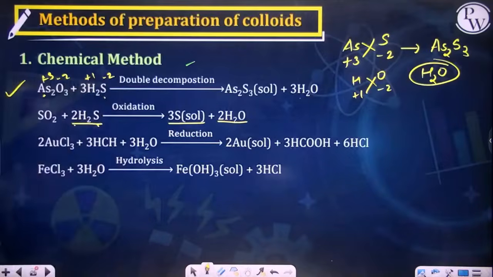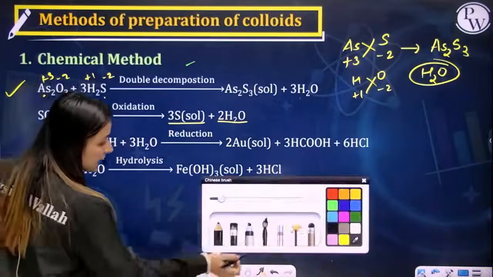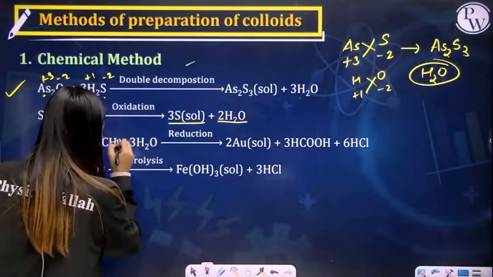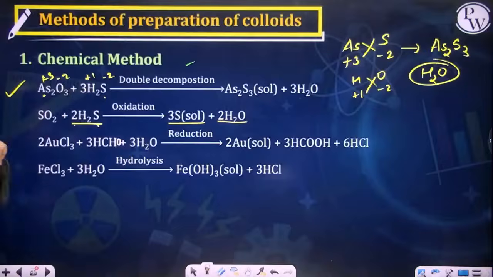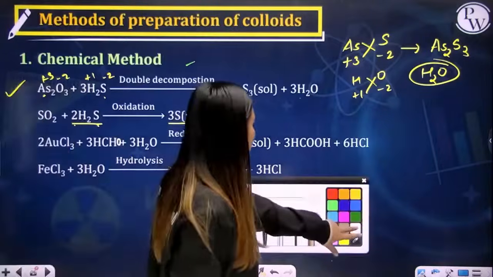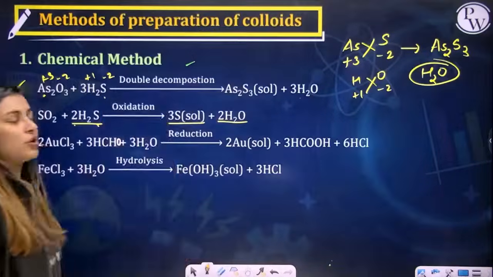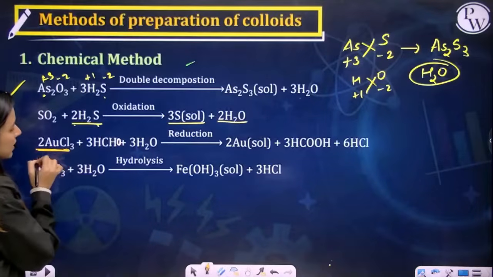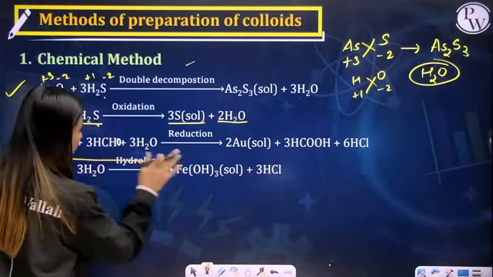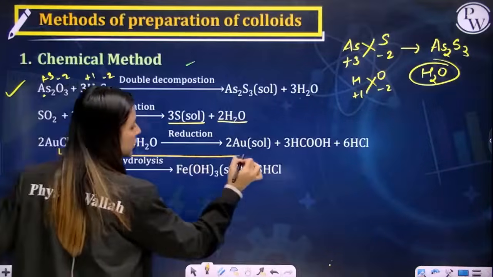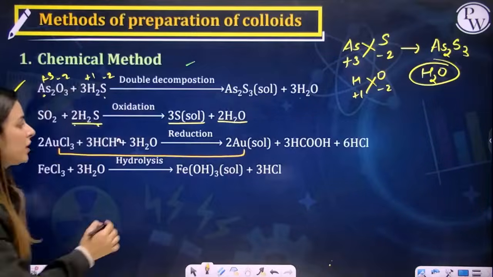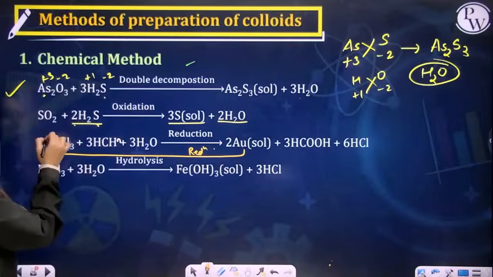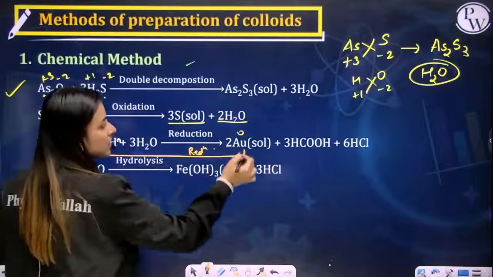Okay. The next, my dear students, is HCHO. It is an aldehydic group. So you have an oxidation-reduction reaction here. Your AuCl3 is actually getting reduced to Au sol. So here, my dear students, reduction is taking place. I hope you can see that it was in the +3 oxidation state and here it is in the 0 oxidation state.